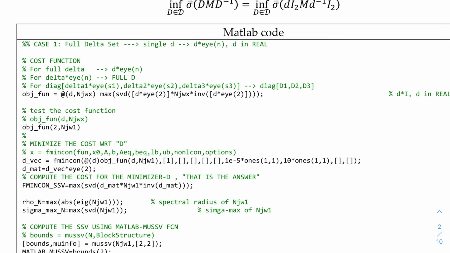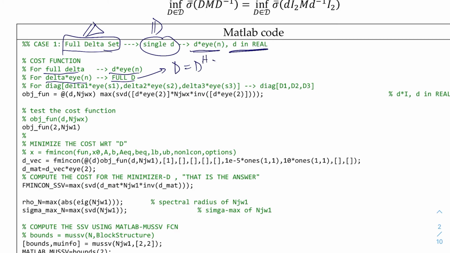Let's read the comments as they are. For the full delta set, our D is a single D, D times identity, and D is a positive real number. For the first three cases it's written here: full delta, D times identity, and for delta times identity, repeating diagonal uncertainty. For the full case we mean D is positive Hermitian.